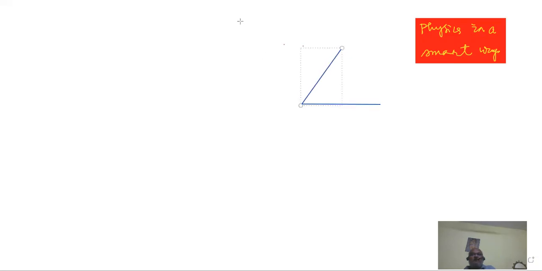Okay, just a minute. That is not the proper diagram. So in the diagram, we have shown two vectors.